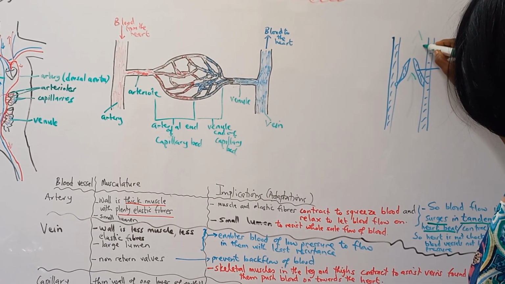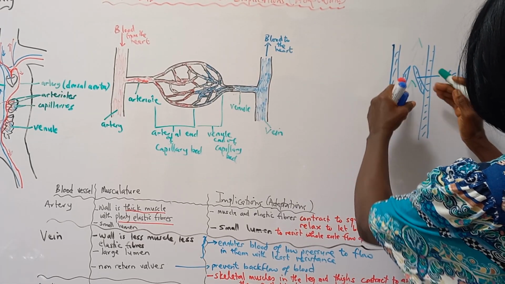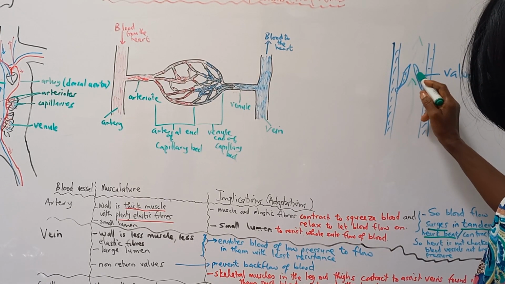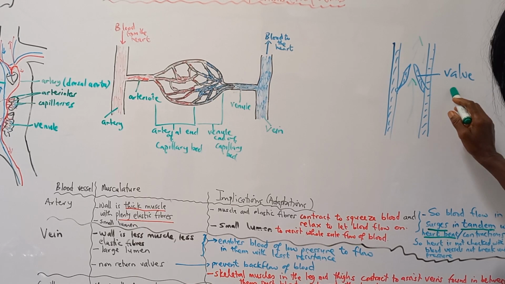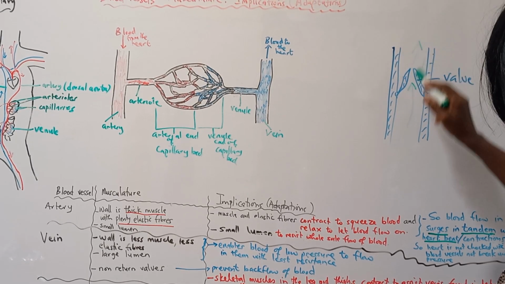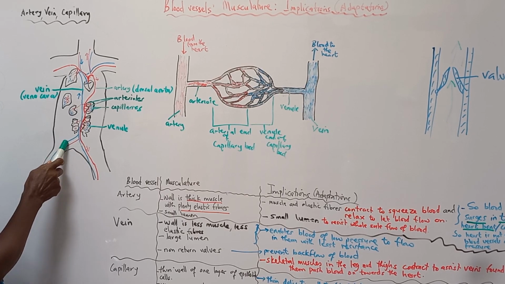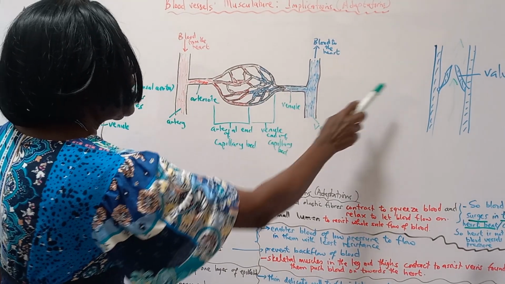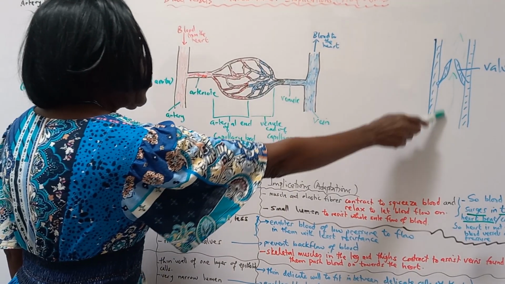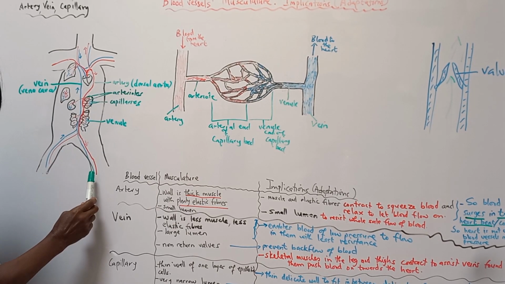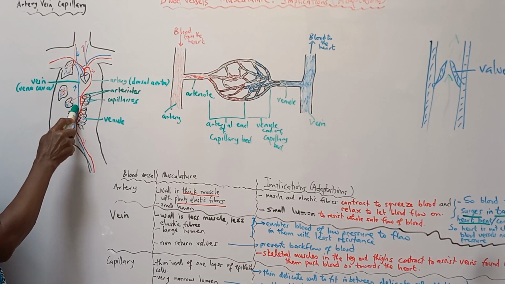If blood wants to flow back, these valves will close. So these valves are called non-return valves. They are at various points of the vein. So if you have veins in the legs and these veins have non-return valves and the pressure is low, imagine the blood flowing against gravity.